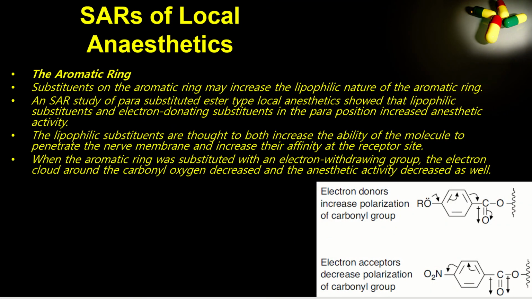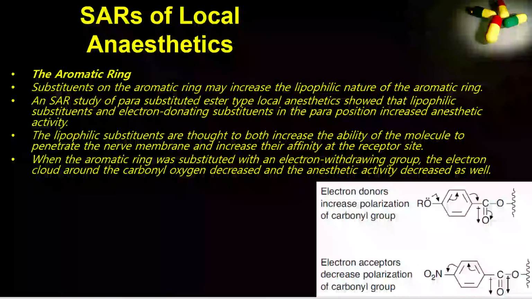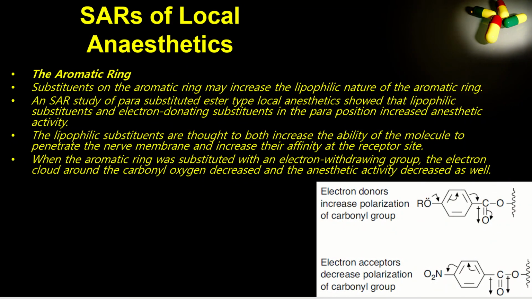And the lipophilic substituents are thought to both increase the ability of the molecule to penetrate the nerve membrane, as well as increase their affinity at the receptor site. So there's a dual role there.